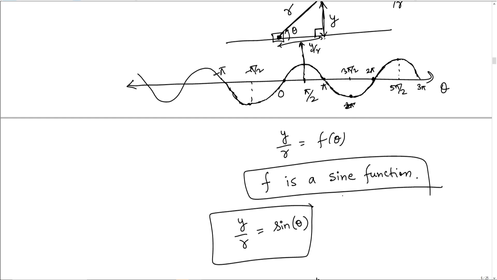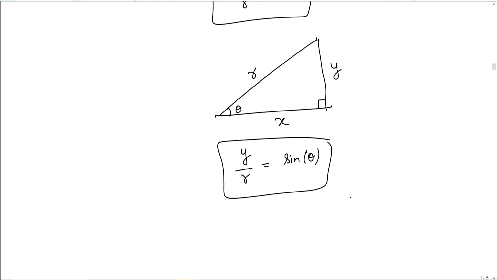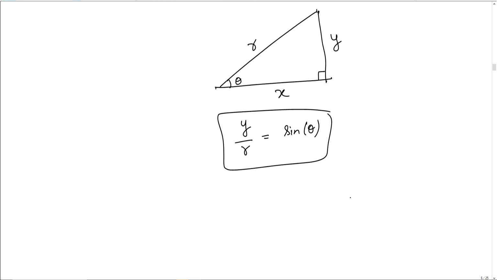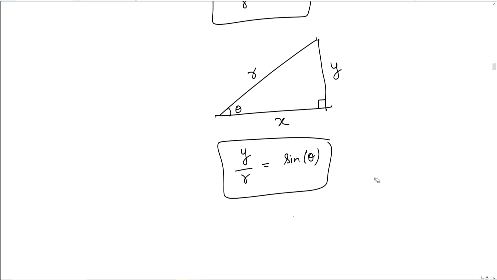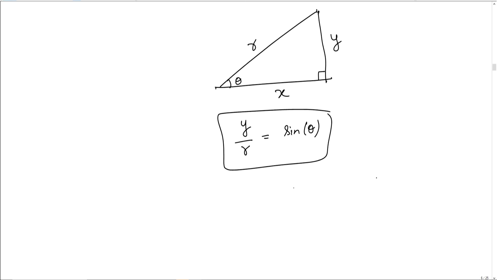In your calculators you will always find this function, so you can calculate the value of the sine function corresponding to any angle. For example, if you give sine pi by 6, which is 30 degrees, the calculator will give you the answer 1 by 2. So, using the sine function you can always figure out the height of the rotating end P from the ground.